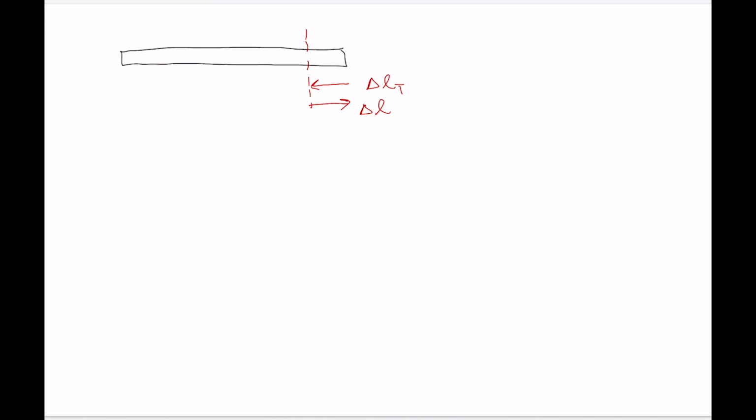So we have a situation here where the length change due to temperature plus the length change due to the internal normal force has to be equal to 0. Now let's expand both of those terms out. The length change due to temperature is alpha delta T L, and the length change due to an internal normal force is NL divided by AE, and that's equal to 0.